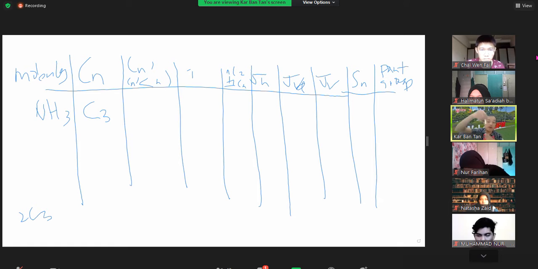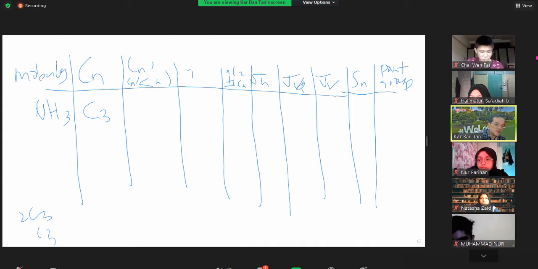In fact, we only know it's one axis, but it is C3 squared. That's actually telling why 2C3. Don't be confused with that. When later we look at the character table, you will ask why I only have one C3 but there is 2C3. This is because of C3 squared, because it's 240.